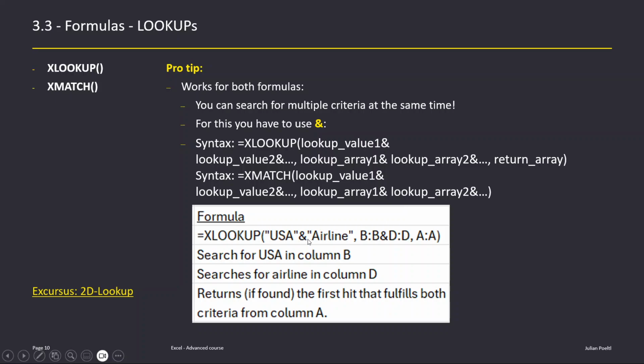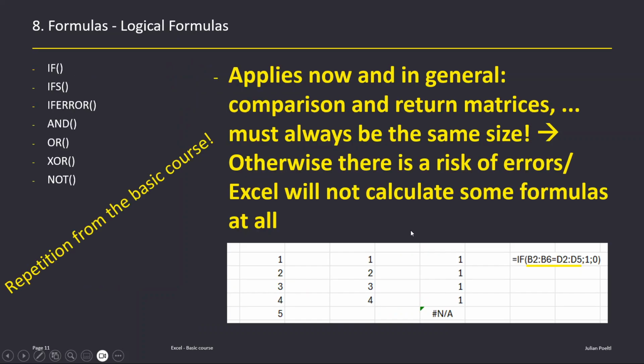So you see it here, we want to search for USA and airline in, for example, column B where the country is, and column D where the industry is, and hand out then, if both criteria are met, the value out of this row out of column A. And as we said before, this is a repetition from the basic course.